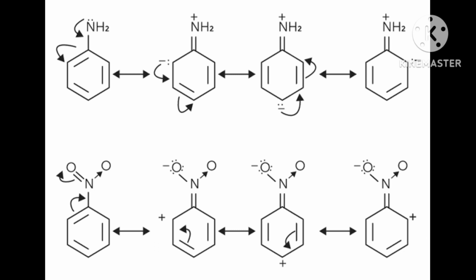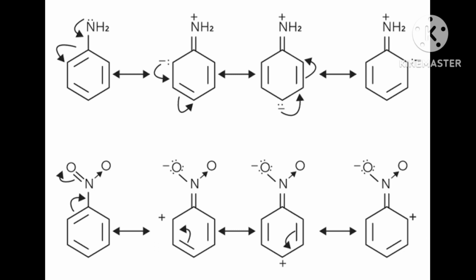Then now in the next structure, meaning the fourth structure, again these two electrons will make a double bond where a single bond was there, it will be a double bond. And after that, what was the double bond will become a single bond, and it will give electron to the next carbon.